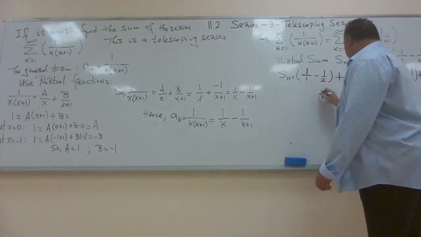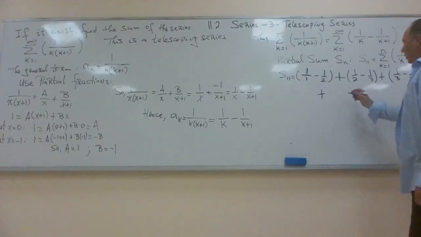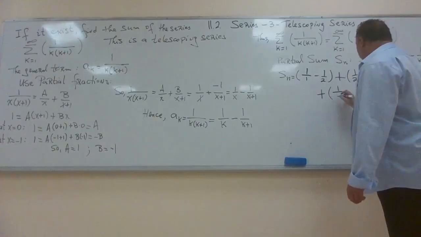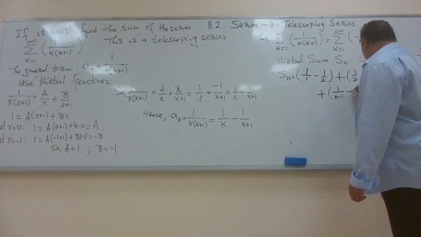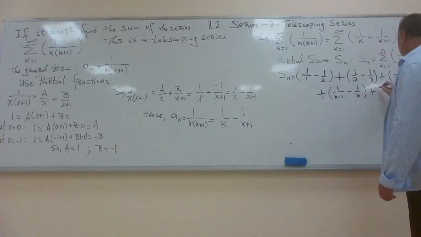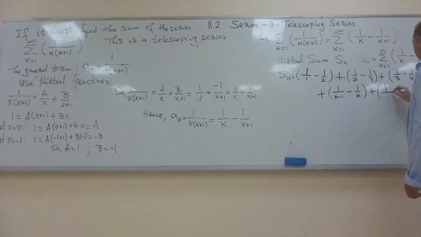So here I will add. So let's say we are at n minus 1. So I have 1 over n minus 1 minus 1 over n plus, in the last term, n, 1 over n minus 1 over n plus 1.